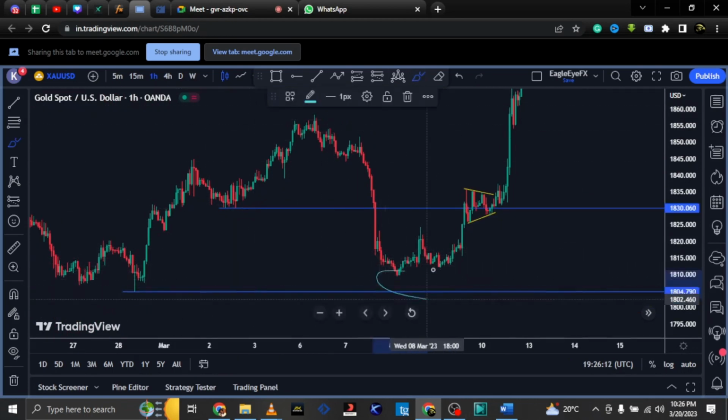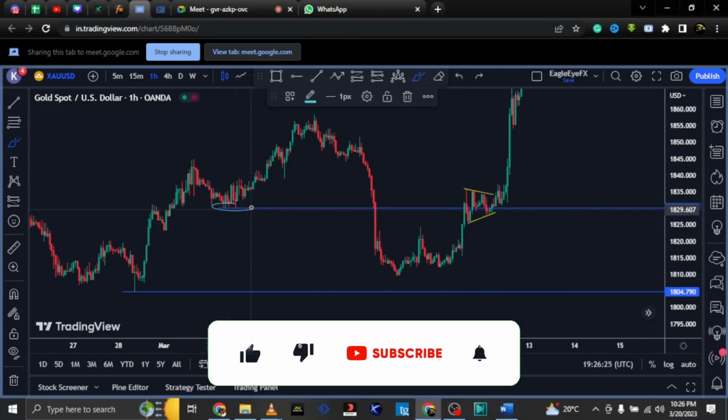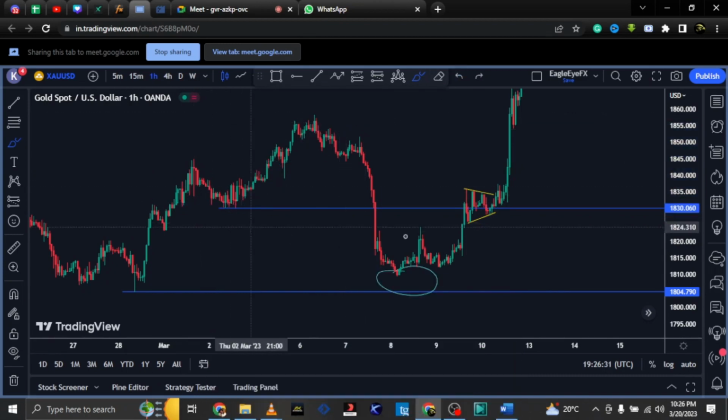I was actually expecting to fill this vacuum. It never filled, but we had an impulse move, and then it was giving some level of consolidation. But I was looking at this kind of direction, and I saw some level here that supported this market to the upside, and that's the reason why I placed this line over here.